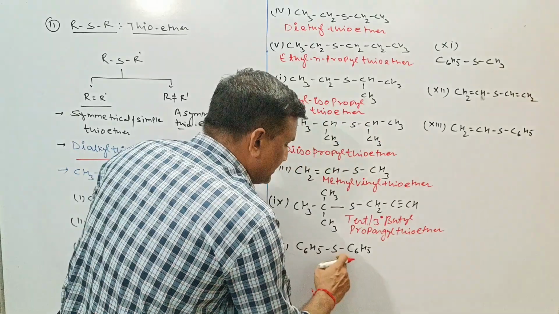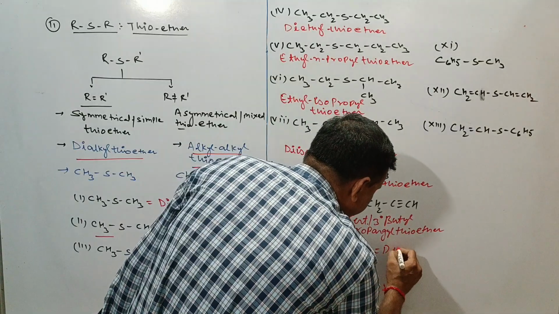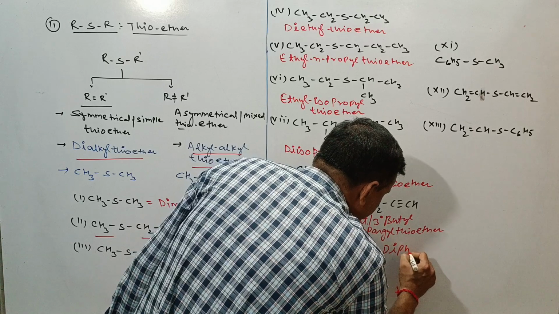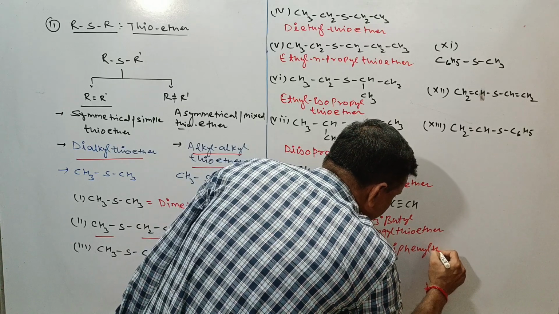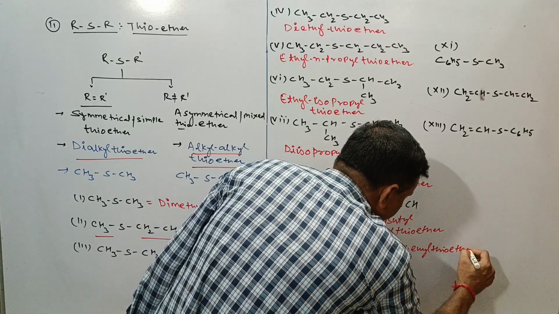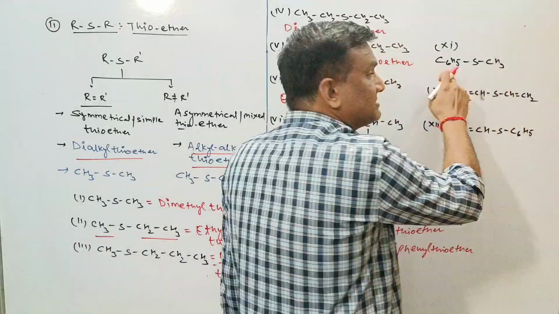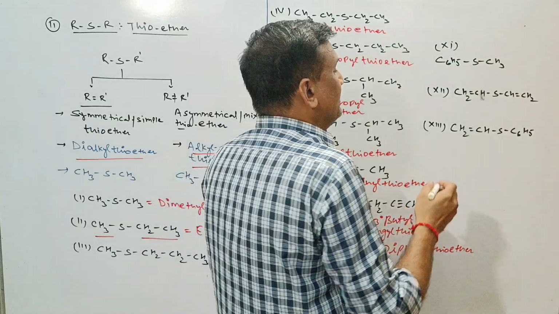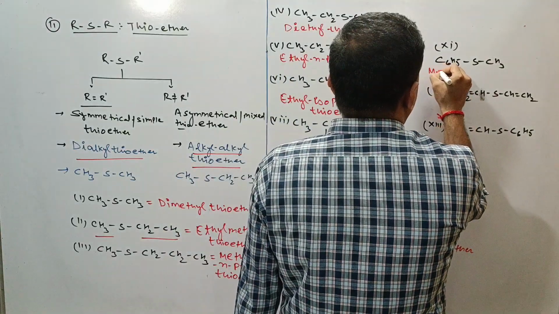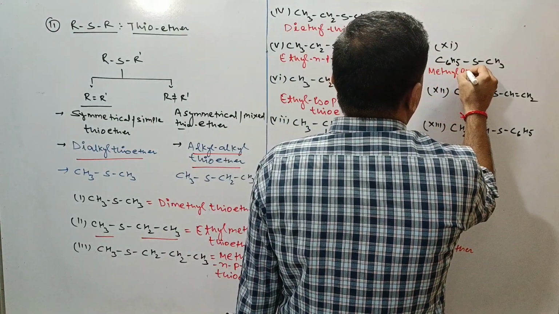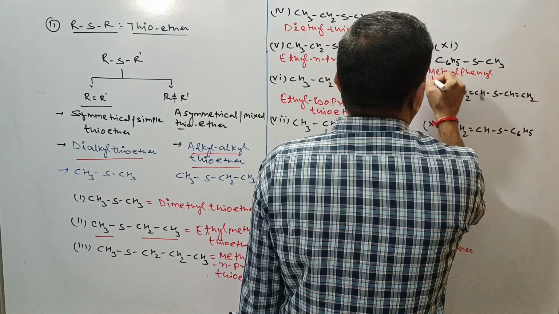Now for this it will be diphenyl thioether. For this, this is methyl and this is phenyl, it's too simple, so methyl phenyl thioether.